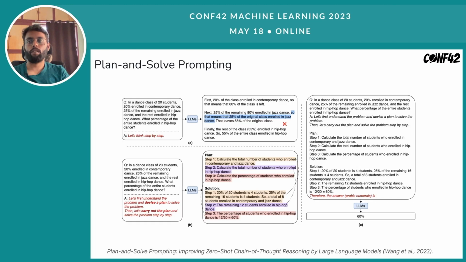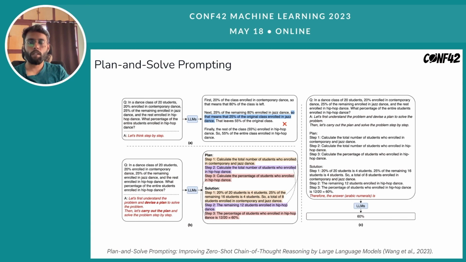And another variation of this type of prompting is plan and solve prompting. This is mostly to address the performance of zero shot chain of thought prompting. Zero shot chain of thought prompting is usually done by a prompt where, given a question, we ask, let's think step by step, and the model will come up with a step by step thought process and the final answer.